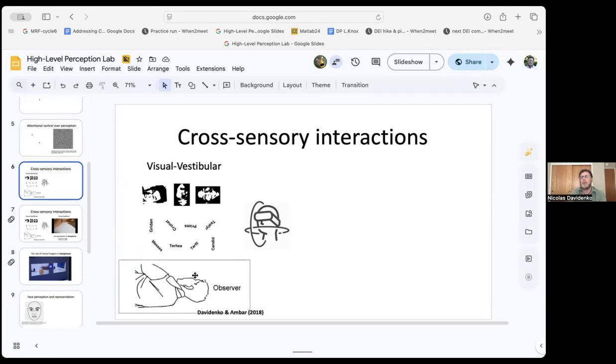In other words, people develop a reference frame that is some sort of average between their own reference frame, the way that they're tilted, and the gravitational reference frame, where gravity tells you which way is up. So people develop a compromise reference frame that is tilted in the environment.